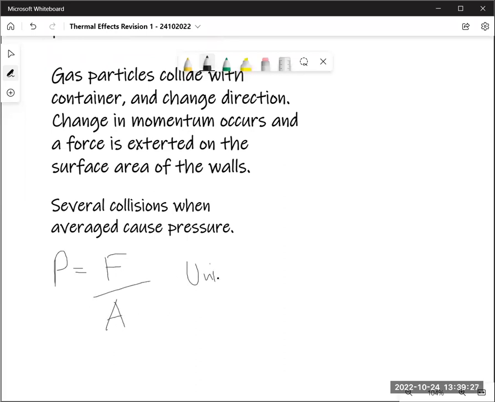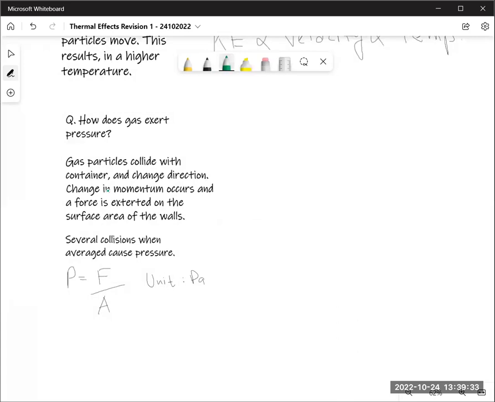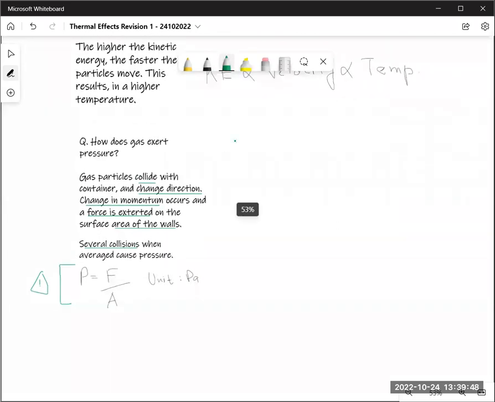Unit is Pascal. Well, they won't ask you the unit, but you should know. Pressure is force over area. Now, key things again: change direction, collide, change in momentum, force is exerted on area of walls. Several collisions take place, and this is important. Write this in your notebook. Tell me when you're done.